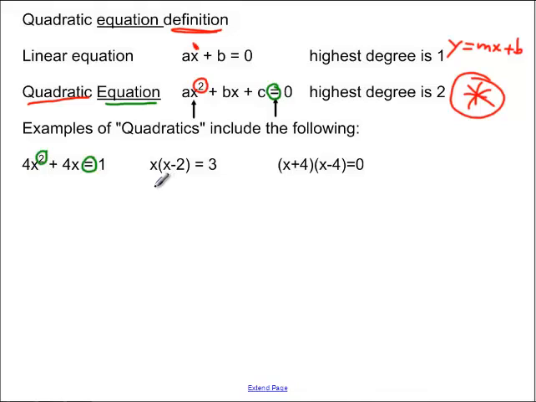This as well is a quadratic, because x times x minus 2 gives us x squared minus 2x, and then equals 3. We've got the quadratic part right there, and the equation part right there. Same thing right here.